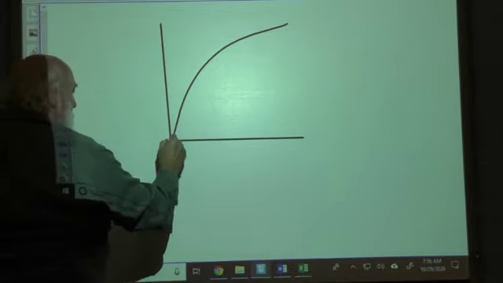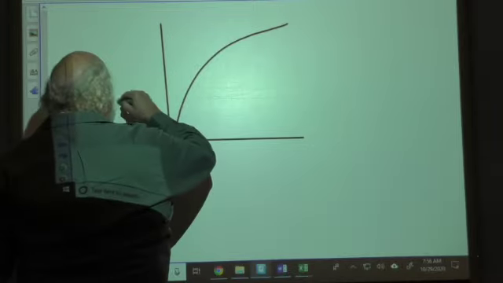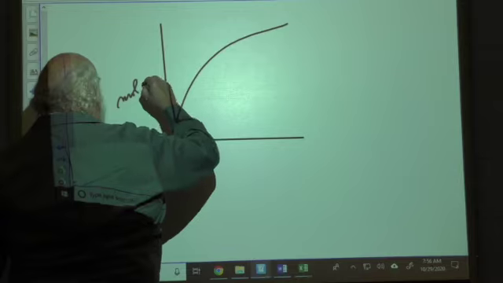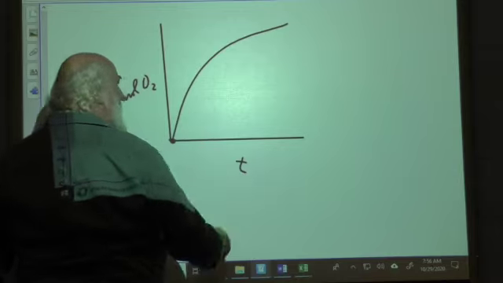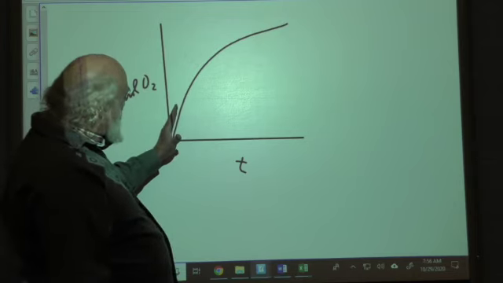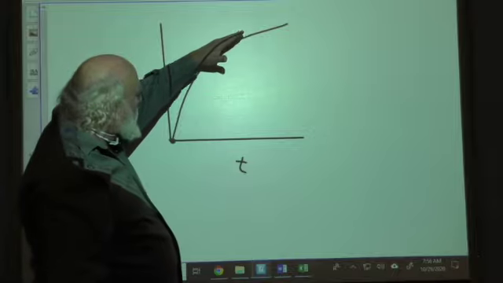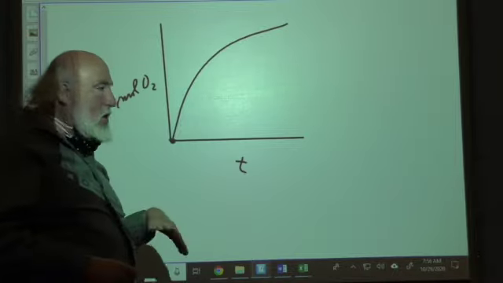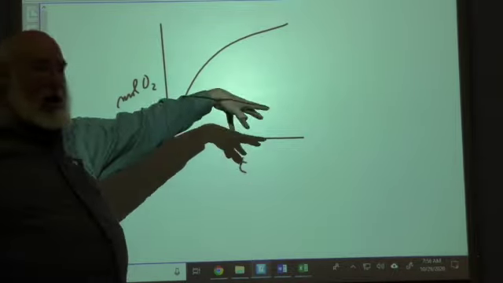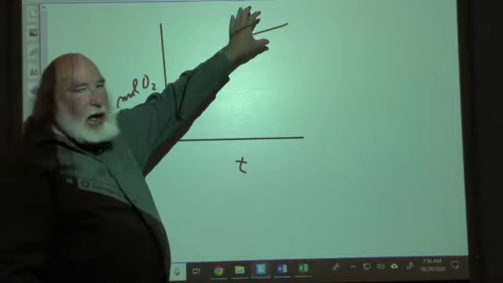And so it starts at the origin, where there was no oxygen at all. In that particular graph, we're dealing with moles of oxygen with time. And as you can see, the slope is going up pretty quick. And then as you go over here, it gets smaller and smaller, which means the rate of reaction decreases over time. Meaning, you get lots of it here and not so much of it here.